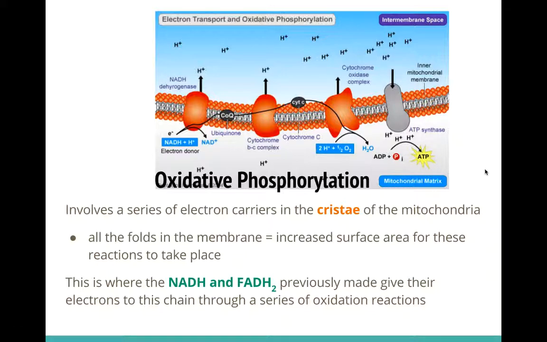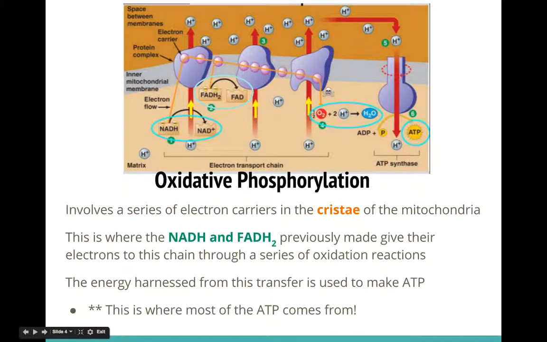So all of the NADH and FADH2 molecules that have been previously made in the previous steps of cellular respiration will be moved through a series of oxidation reactions in the sites of these proteins, and their energy will be harnessed into ATP. Again, I'm just showing you a different picture of the molecules.